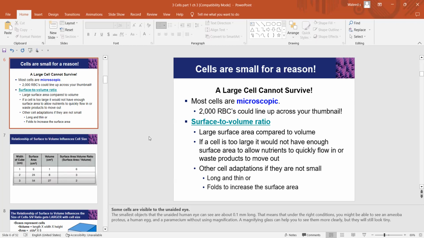The contents are the same, but instead of putting it into smaller cells, I put it in a huge cell. The surface area is not the same. It's going to be a lot smaller as compared to the surface area of the 2,000 added up together. So the more you divide it into smaller pieces, the more surface you have, not the contents. Contents are the same. Does it make sense now?